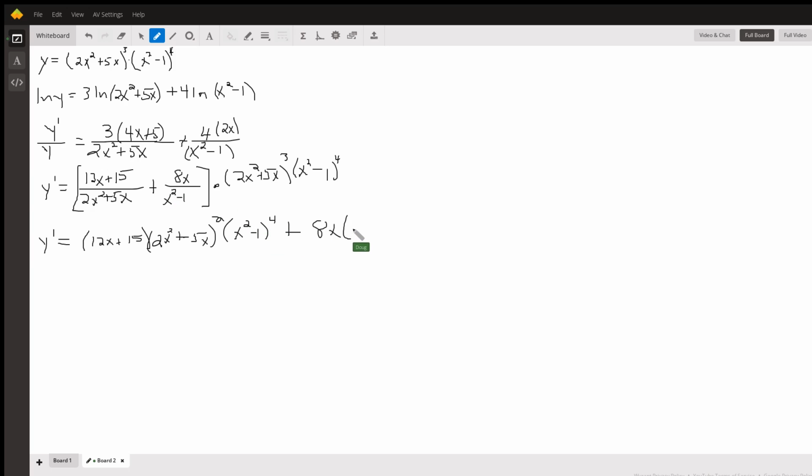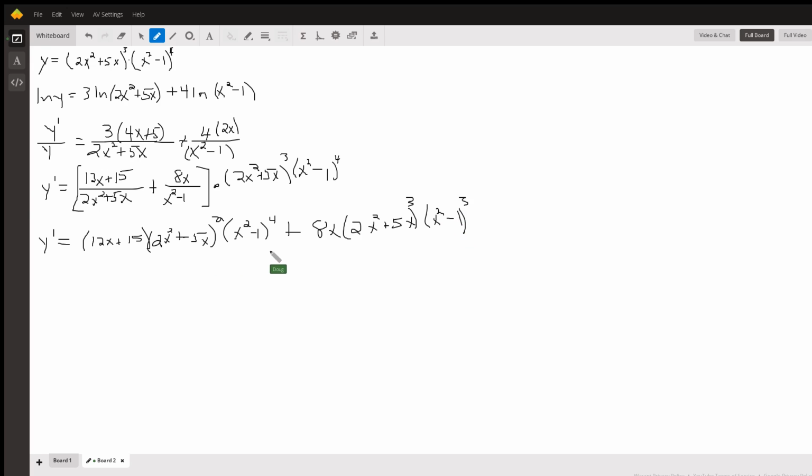None of the 2x squared plus 5x's cancel out, so I've got cubed, and then one of the x squared minus 1's cancel out, leaving me cubed.